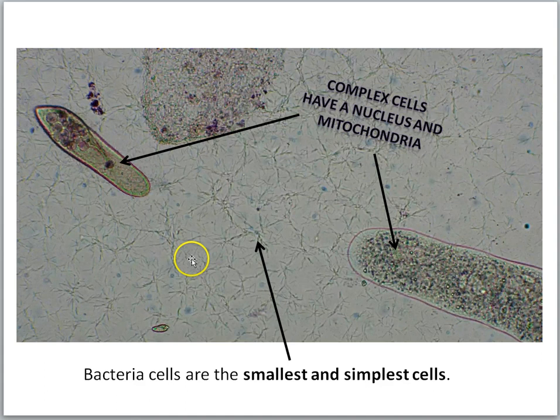All these little things that you see all over the picture here, those are bacteria cells. Now, they're gathered together in little clumps, but you can see the size difference. So let's see if I can pick out. Here's one little bacteria right there. So one bacteria cell is very, very small compared to some of these larger complex cells.